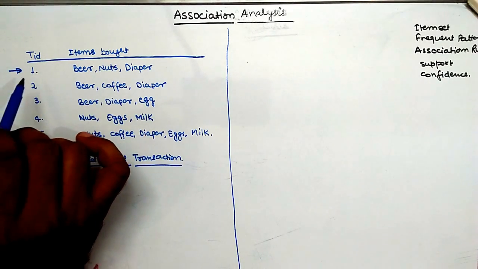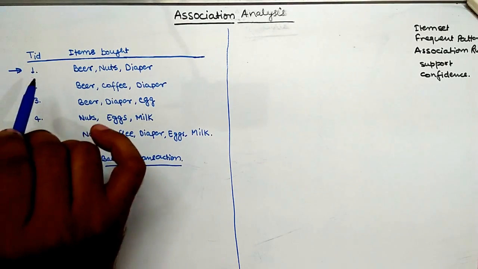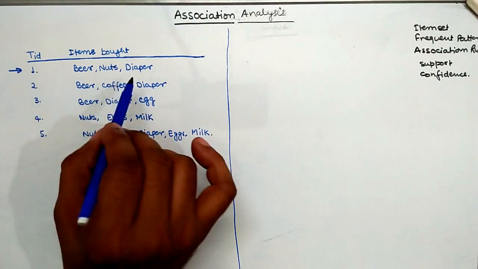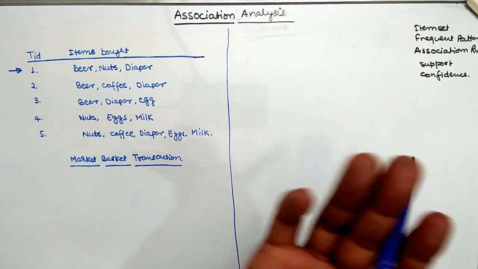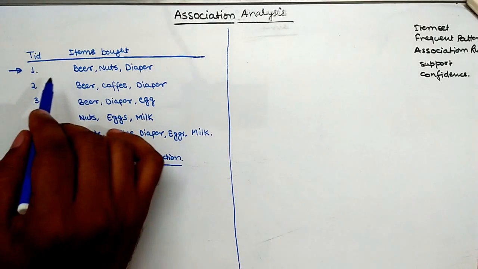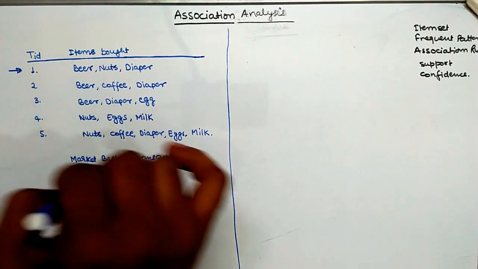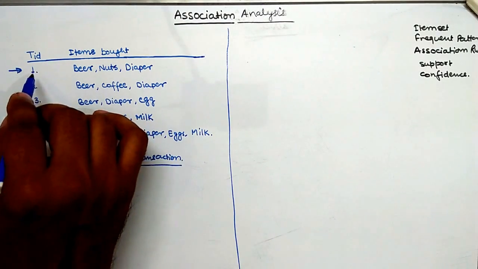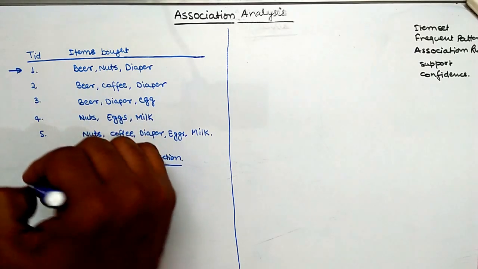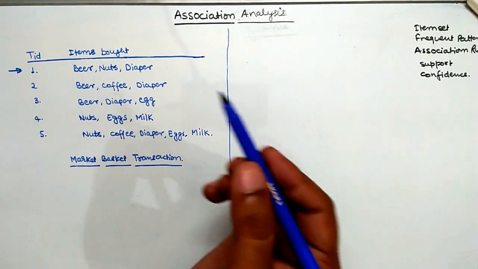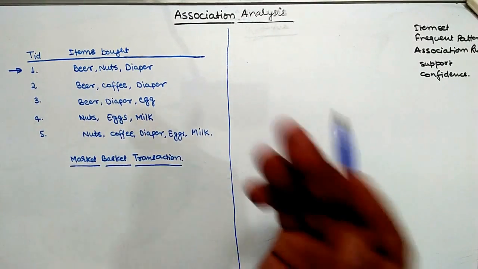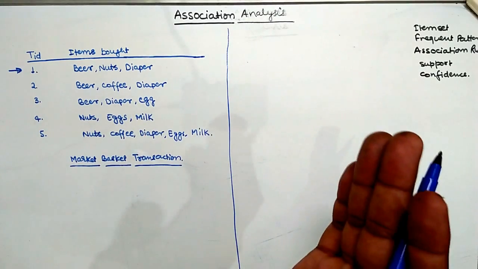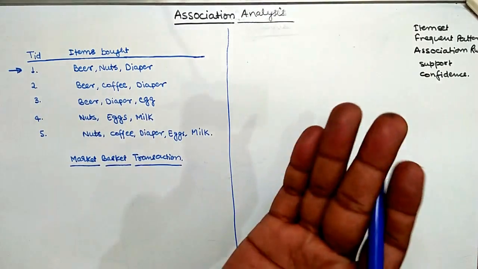You can think of the first transaction as one bill purchased by some person. So the record is maintained by the ID of the transactions captured per day, per week, per month, or per year. So based on the time, the data size increases.